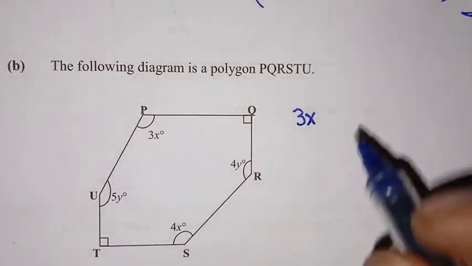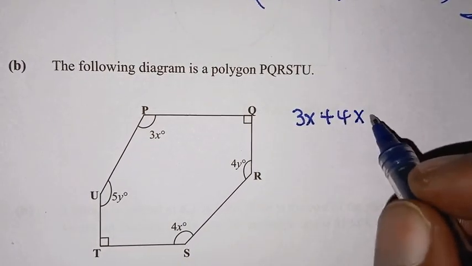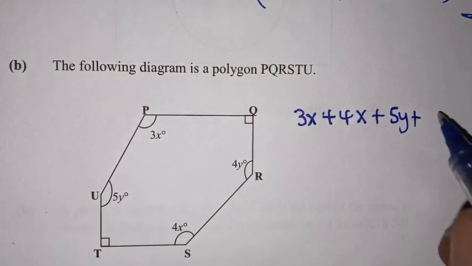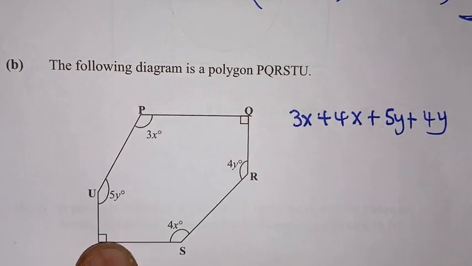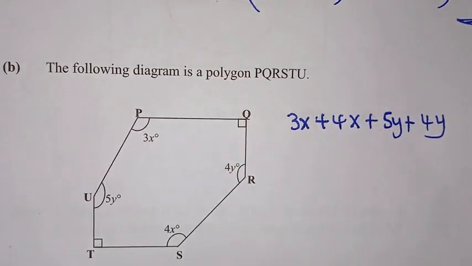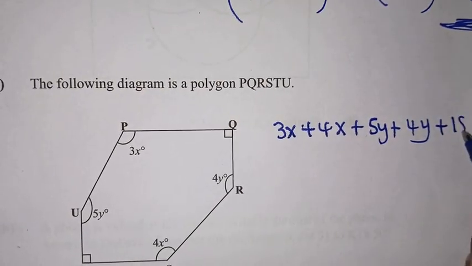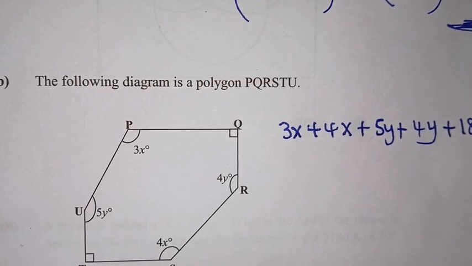This is 3x plus 4x. Then we have 5y plus 4y. This is 90 here, as well as this is 90. So 90 plus 90, what do we get? This is 180 degrees. I have added those in advance.